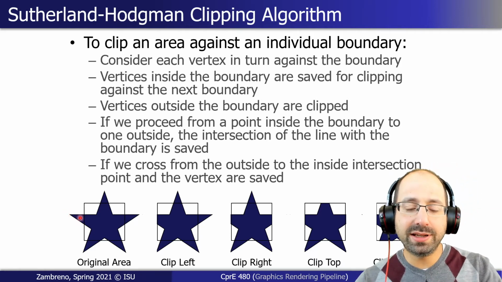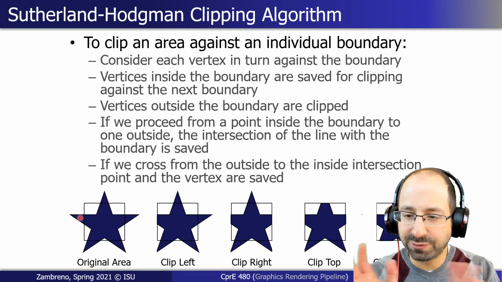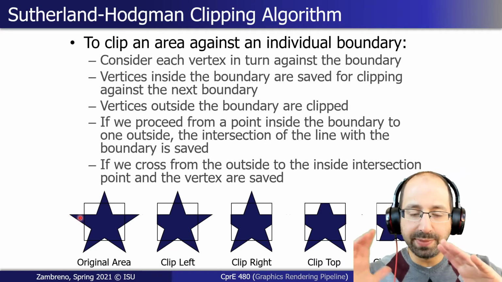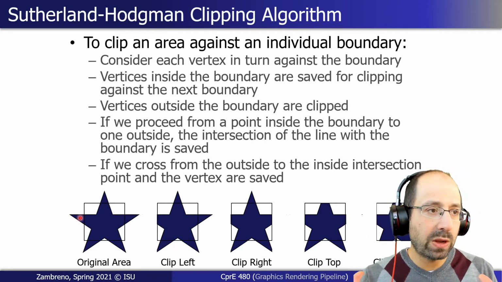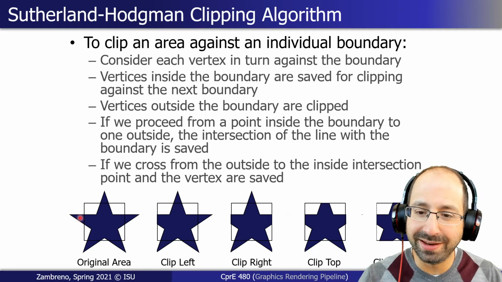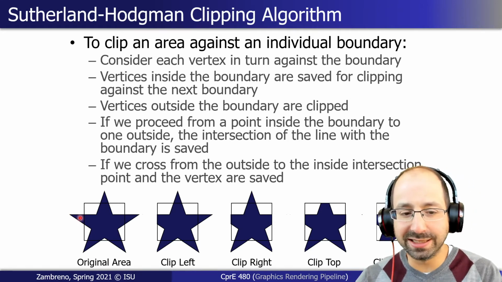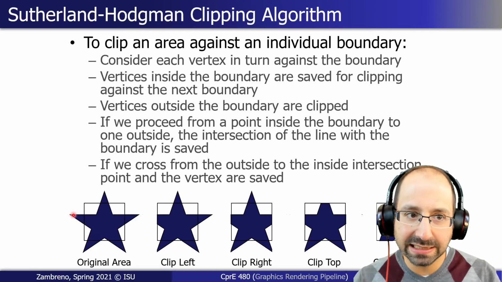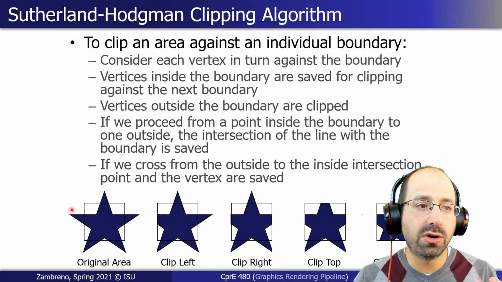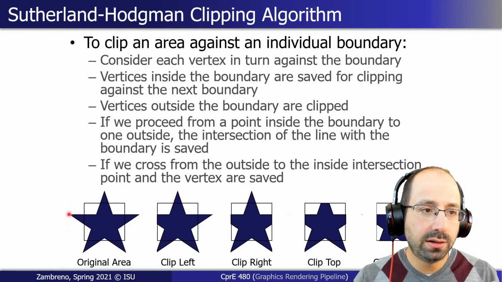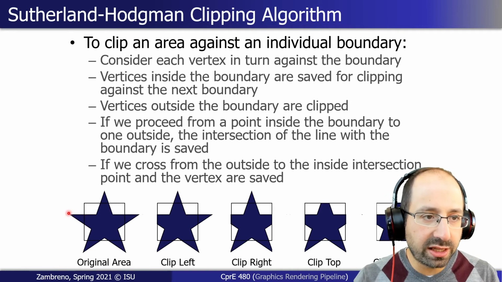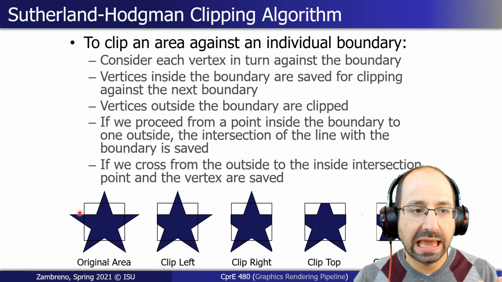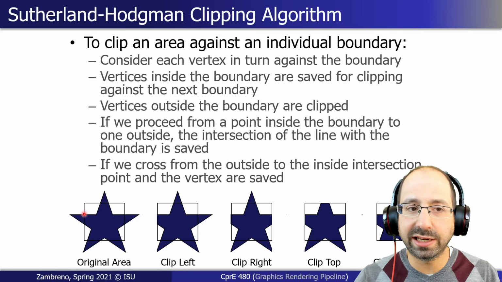The input is a shape, and it wouldn't be a star, but in this case for visualization, it's fine. The input is a shape with a set of vertices associated with it, and the output is a new set of vertices. So we go from vertex to vertex, and we calculate those intersections. We start here, and it doesn't matter which one we start with. We go to the next vertex, and we save that intersection point.